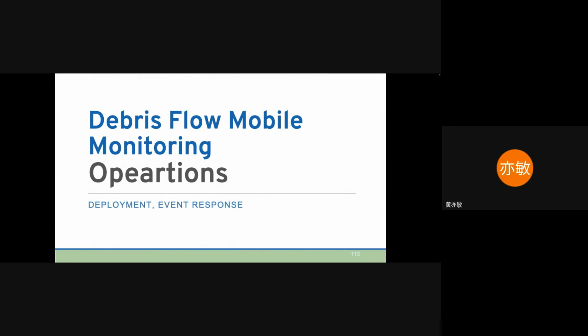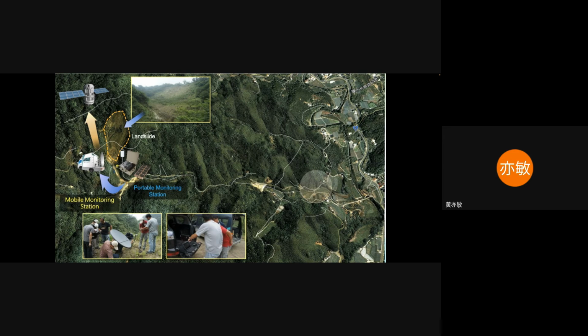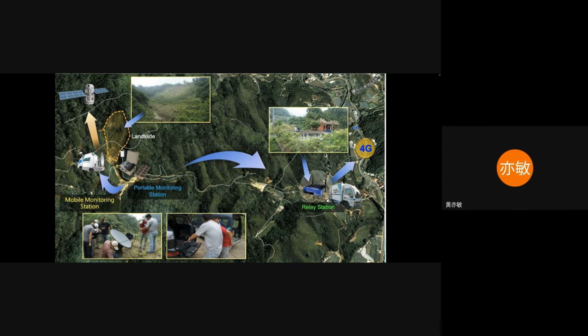So this is the operations case. I already introduced the on-site monitoring, mobile monitoring, and portable monitoring options. We just put them in the mountain areas. And then we can set up a relay station. We can transmit the data from even a remote area.